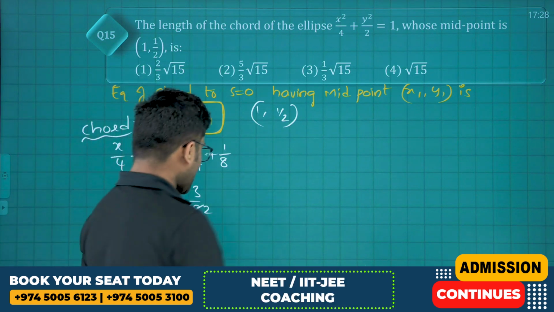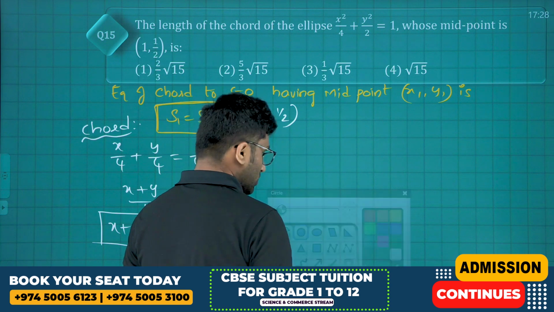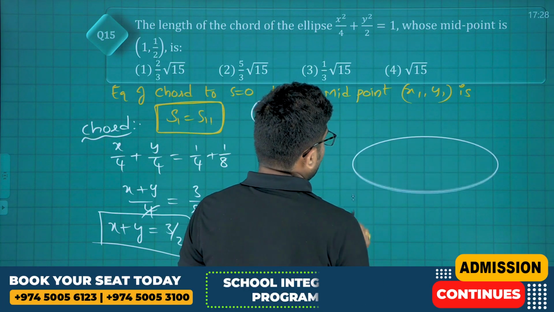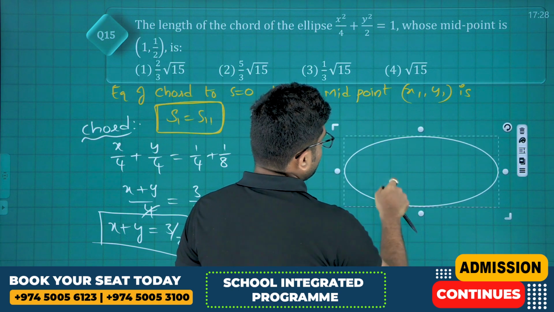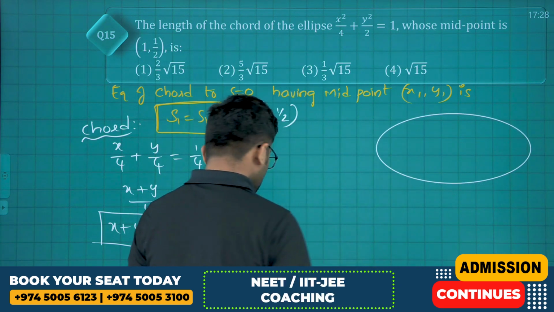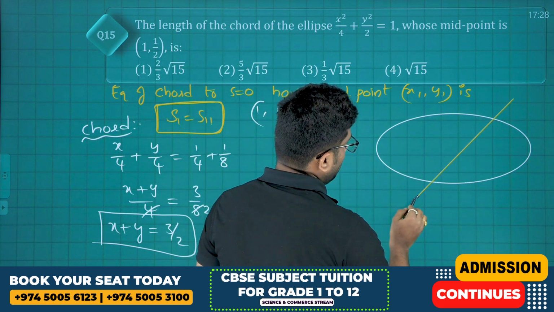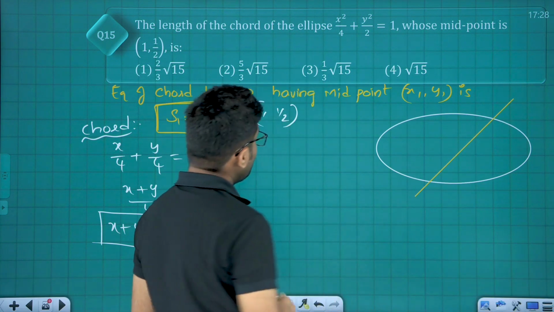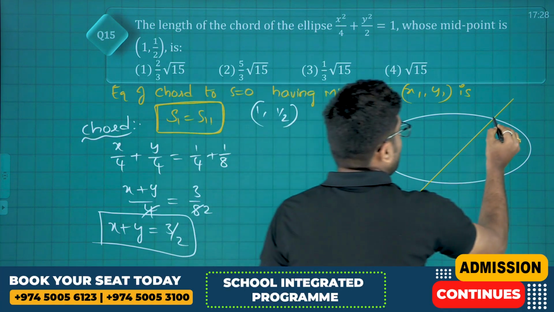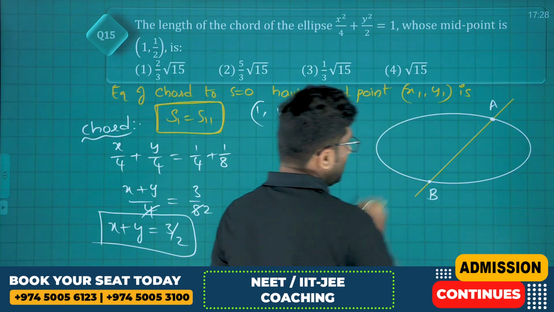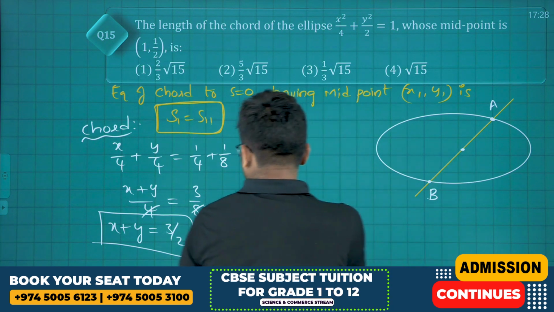Now what do we need actually? There is an ellipse, and for this ellipse there is one chord also. We have to find the length of the chord. This chord intersects the ellipse at two points A and B. The midpoint is given.